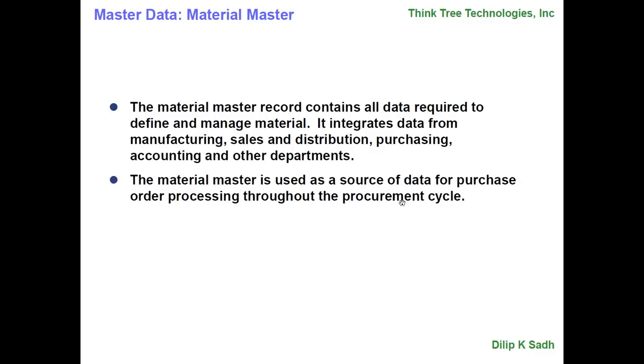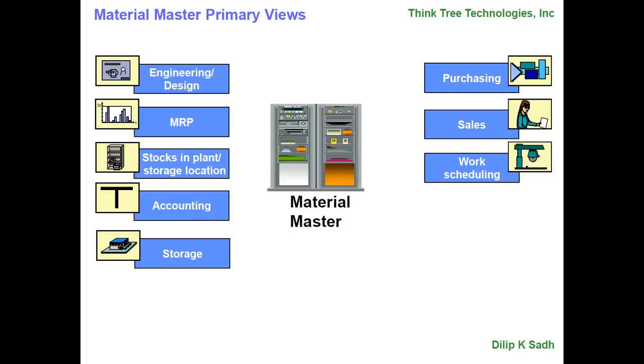This material master record serves as the source of truth for purchasing data. That's important. When you enter a material master, you keep using it again and again, and all the information which you maintain in material master we keep using over a period of time.